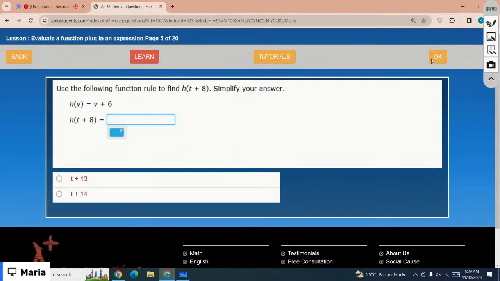Yes, the correct option is t plus 14, right? Option number 2 is the correct option, that is t plus 14.